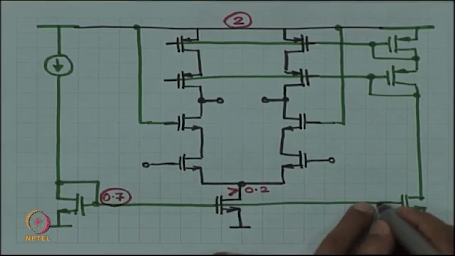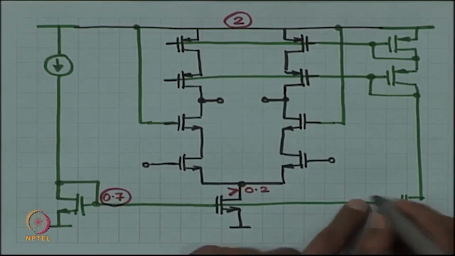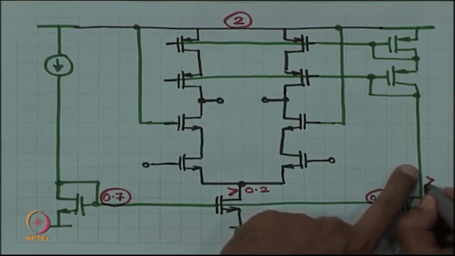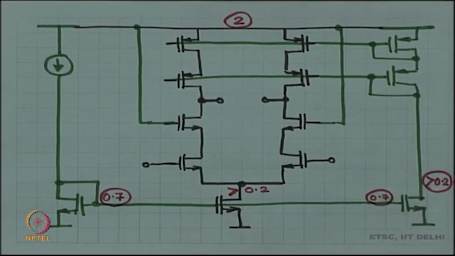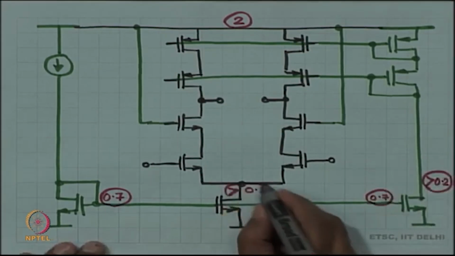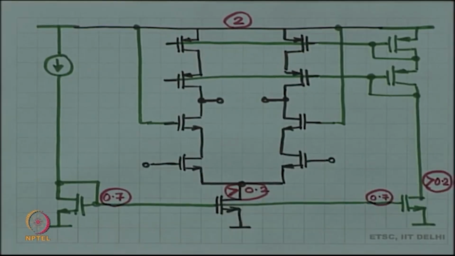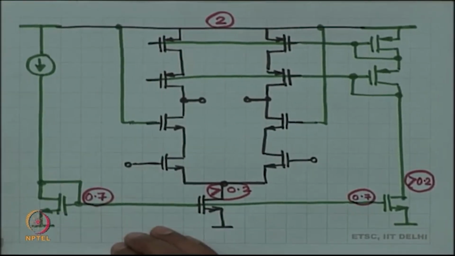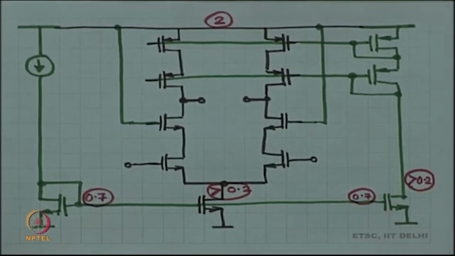Okay. This is also at 0.7, and likewise the minimum voltage here is 0.2. Okay. So, these voltages have to be greater than 0.2 to make sure that the devices are in saturation.